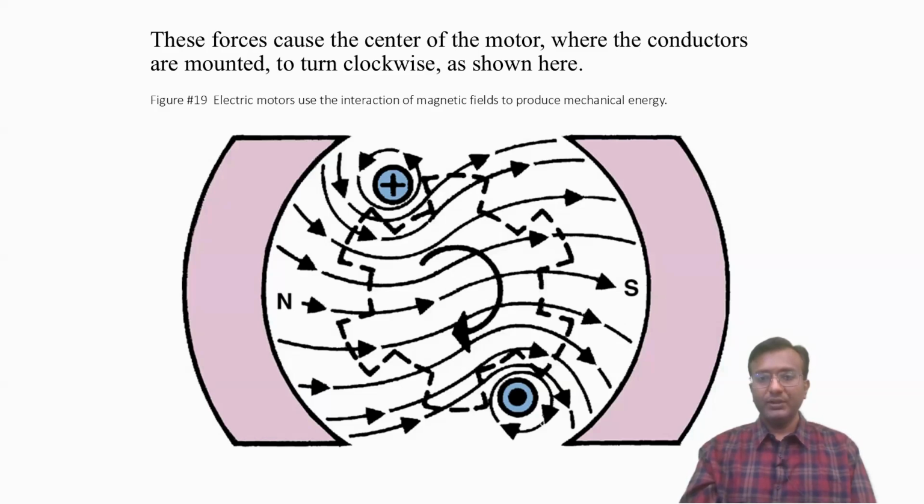The magnetic field of the north and south poles of the stator interacts with the magnetic fields of the rotor, and this interaction results in relative motion between these two, which causes the rotor to rotate, and hence electrical energy is converted into mechanical energy.